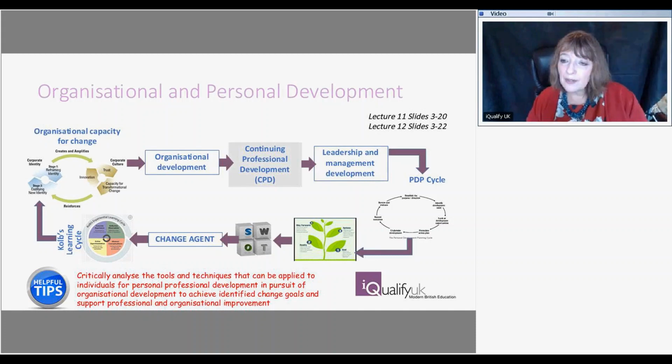So as you are going through, and you need to get your slides up, you need to be looking at what the process is for creating a PDP and keeping it moving and moving on to the next part.